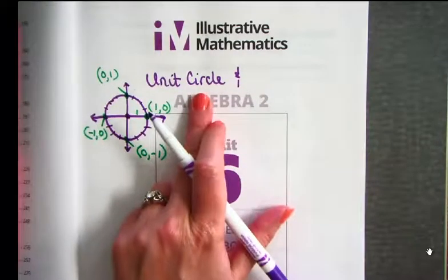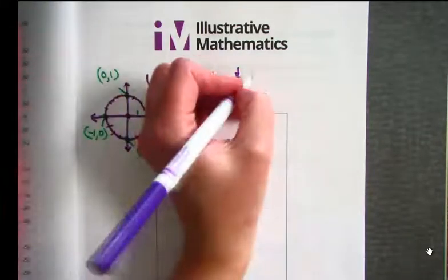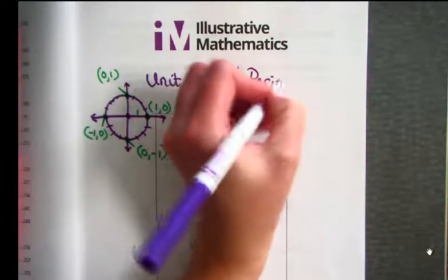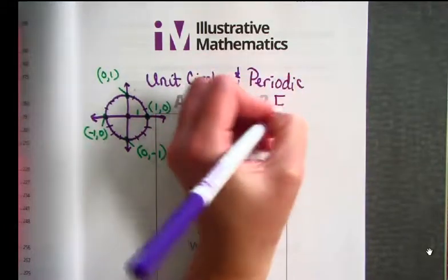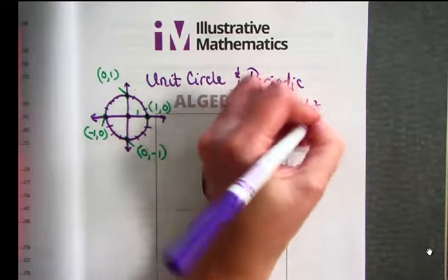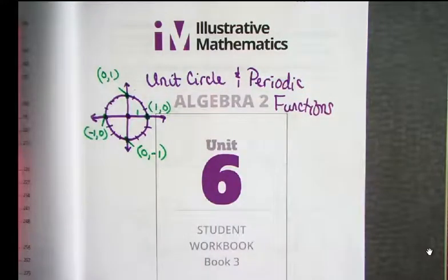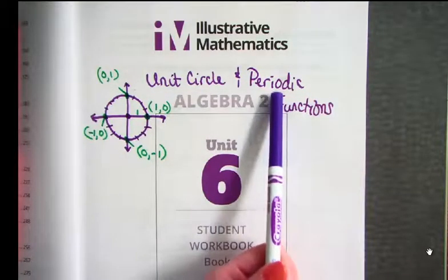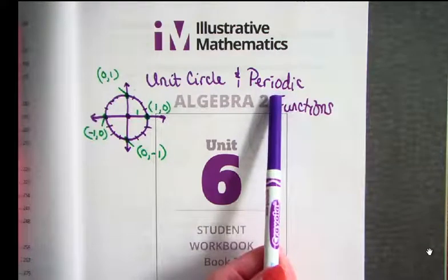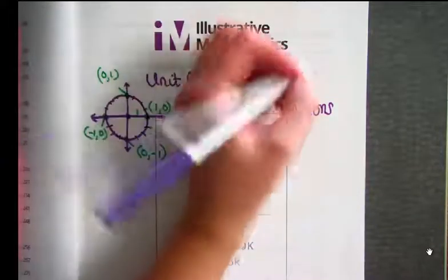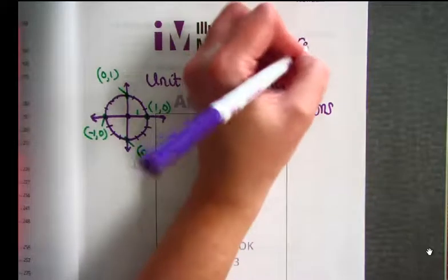Aside from the unit circle, we are also going to be talking about these things called periodic functions. Periodic just means it's something that repeats at a regular time. That's all that this means. So it repeats regularly.